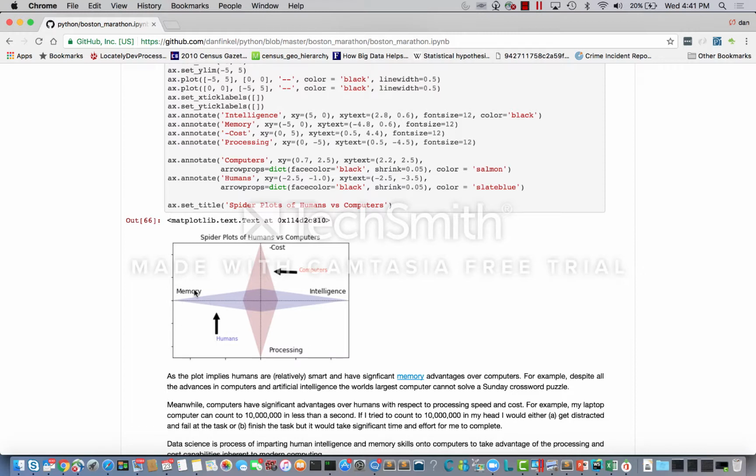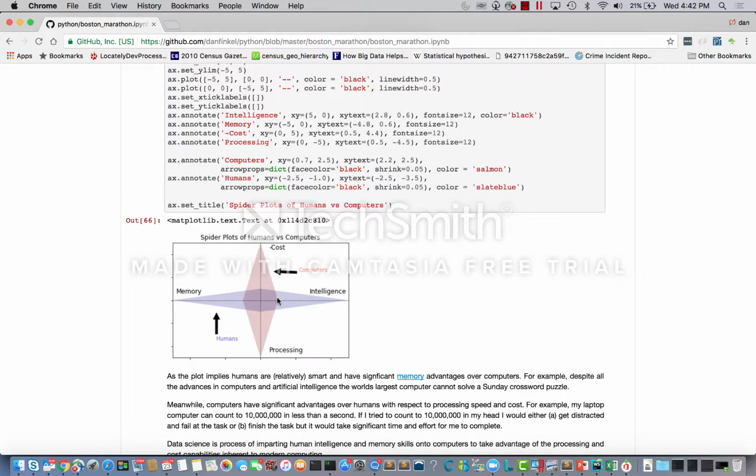So a lot of memory space capability up in your head. Comparatively speaking to computers, humans are relatively weak when it comes to processing, and they're also pretty expensive. All things being equal, if you can have a human or a computer do a job, you want the computer to do it. It's always going to be less costly in that approach.